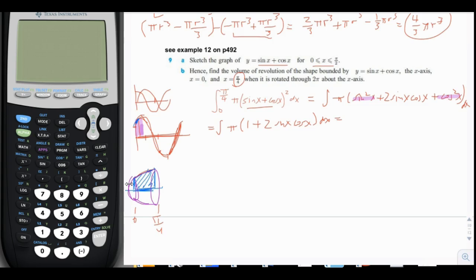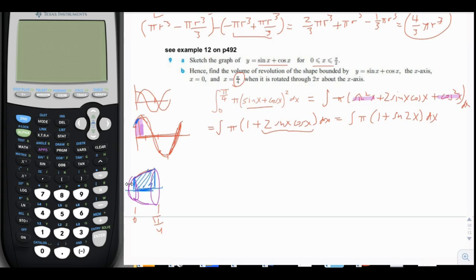And now we can't take the integral of sine times cosine, but we do know that 2 sine cosine is also an identity. It's sine 2x. So we can rewrite this again as 1 plus sine 2x dx. So now we can take the integral of that.